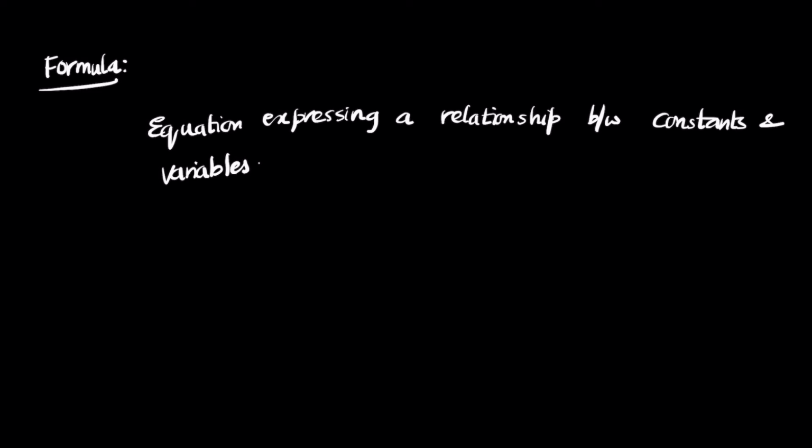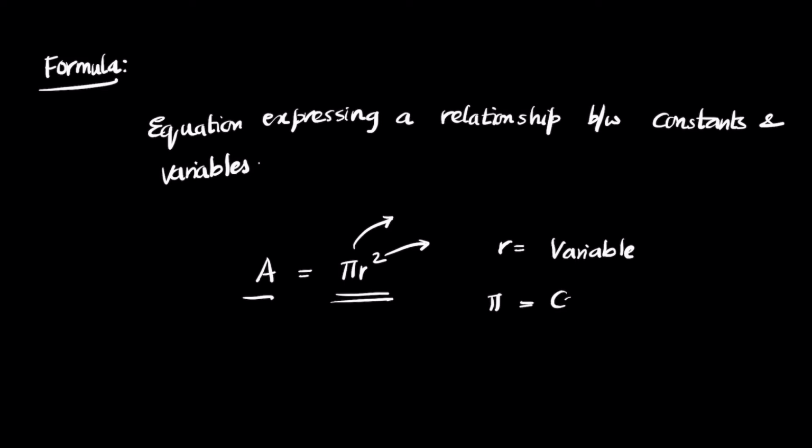For example, we consider A as a variable. That variable is equal to another expression, pi r square. For example, the area of a particular circle can be evaluated with this formula, pi r square, where pi is the constant and r is the radius, which is a variable. So r here is the variable and pi is the constant. So this is an example of a formula.